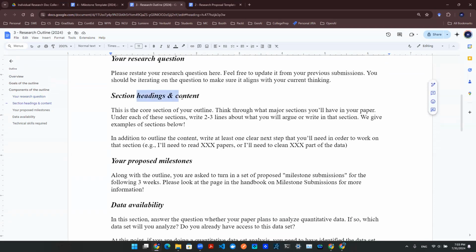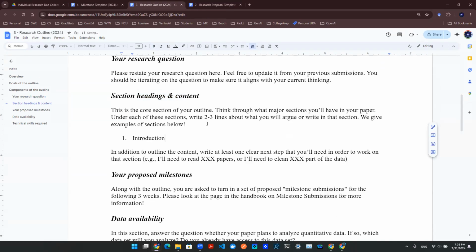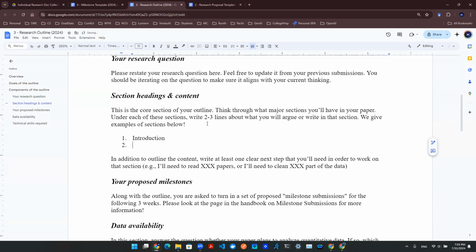Next is the section headings in terms of the content. Typically, we don't enforce a particular structure of the section headings, but loosely speaking, it looks something like the following. First, you have an introduction. The introduction should spell out what the domain of the question is, and the overall agenda of what you're doing.